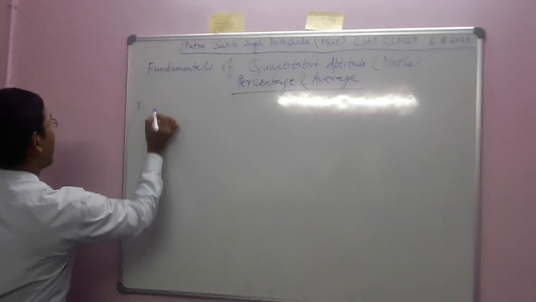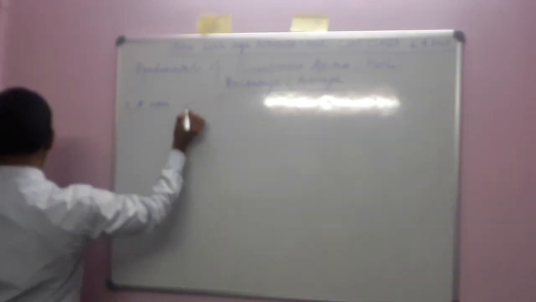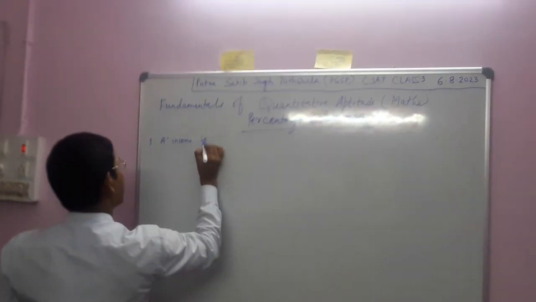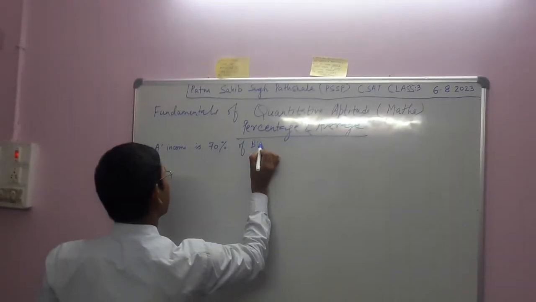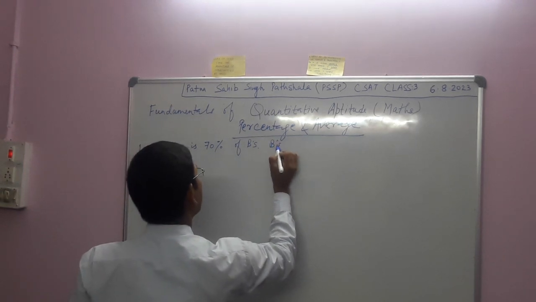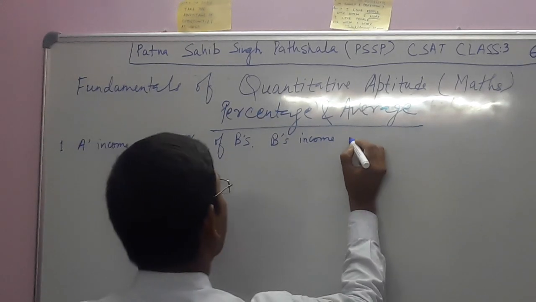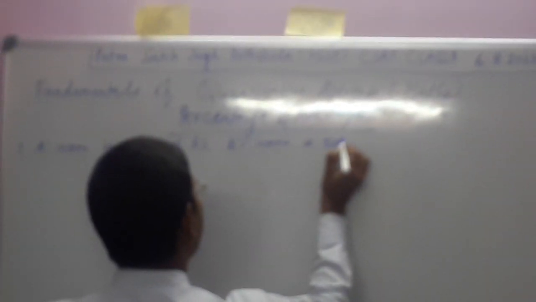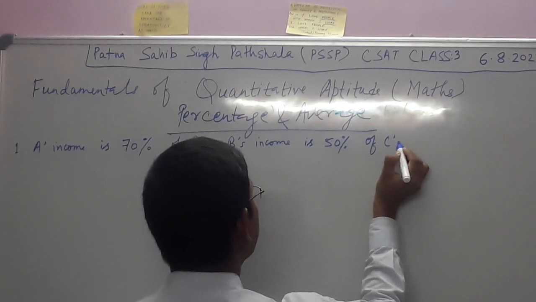Question 1: A's income is 70% of B's. B's income is 50% of C's.